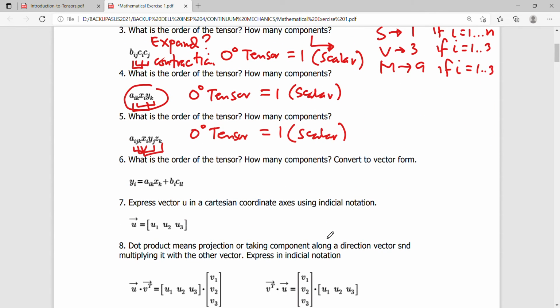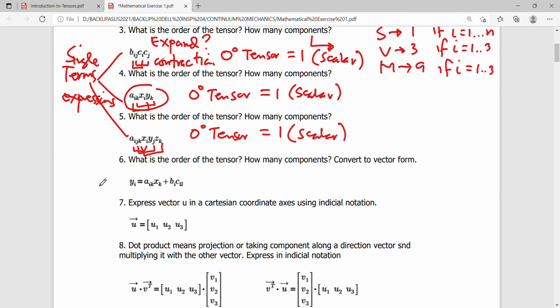And for the last, we can say that these are all terms or expressions. So these are single terms.